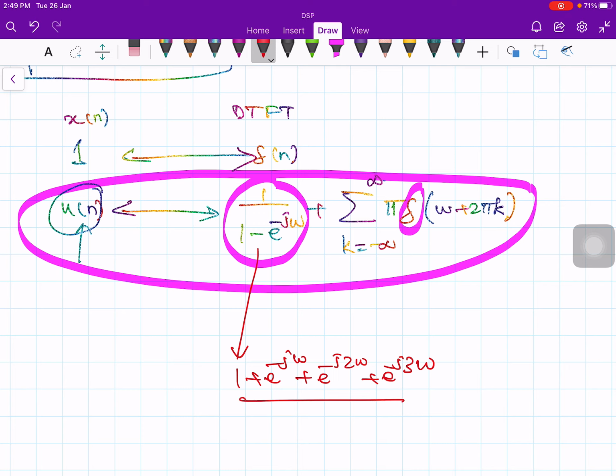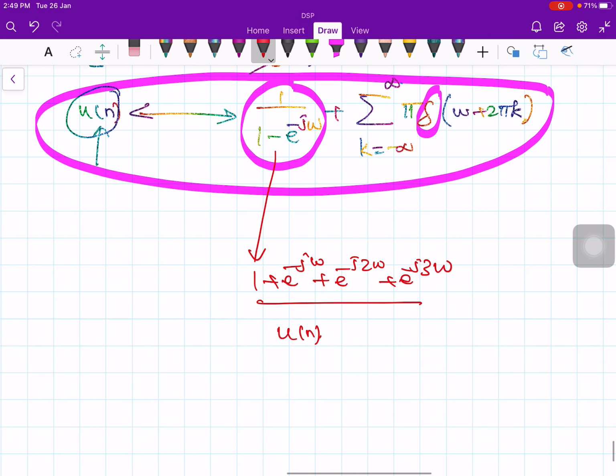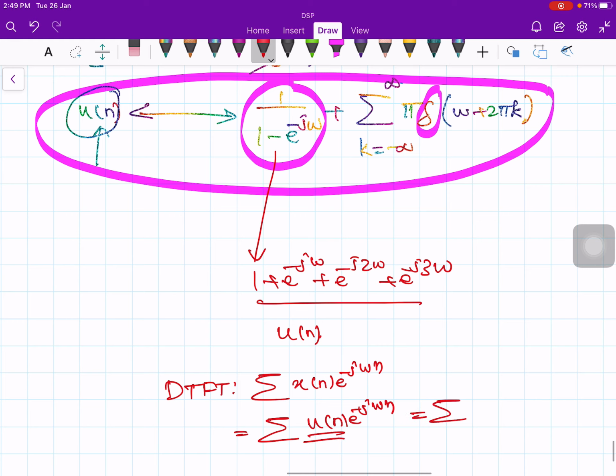But this summation does not take care of the average value of u of n. What is your discrete time Fourier transform? Summation of x of n e to the minus j omega n, so summation of u of n e to the minus j omega n, where u of n is 1 from n equal to 0 to infinity.